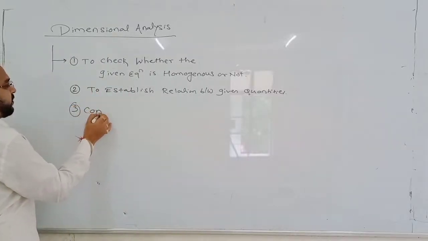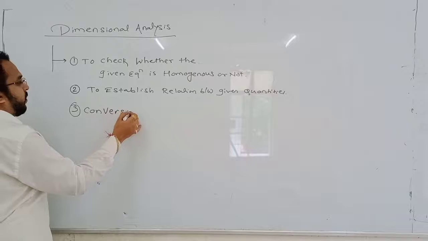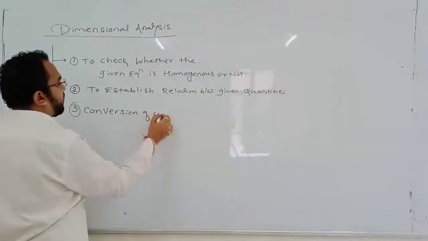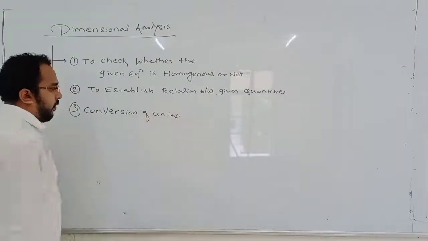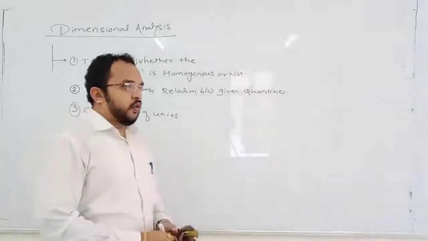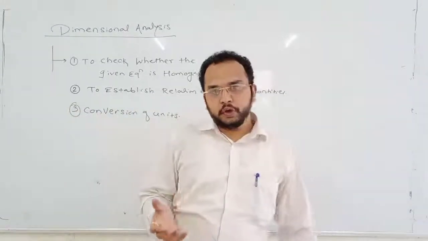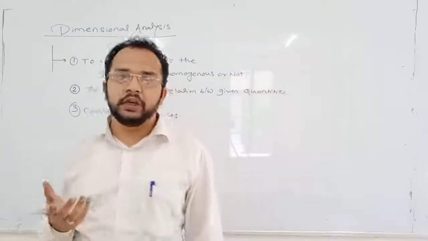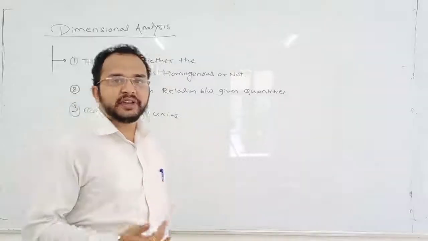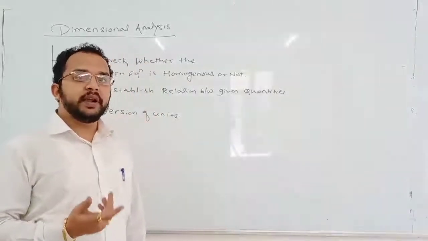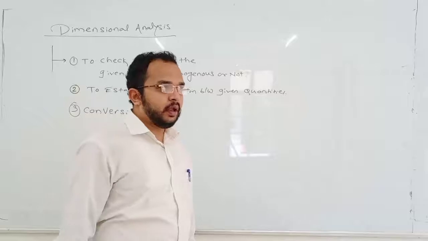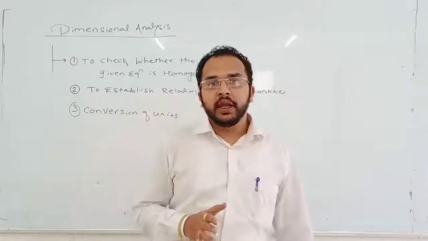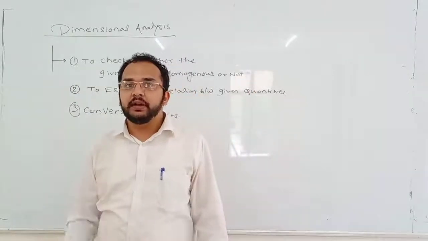Conversion of units. Now, most of you know how to convert the unit, like 1 meter is equal to 100 centimeter, or 1 meter is equal to 1000 millimeter, or 1 kilometer is equal to 1000 meter.